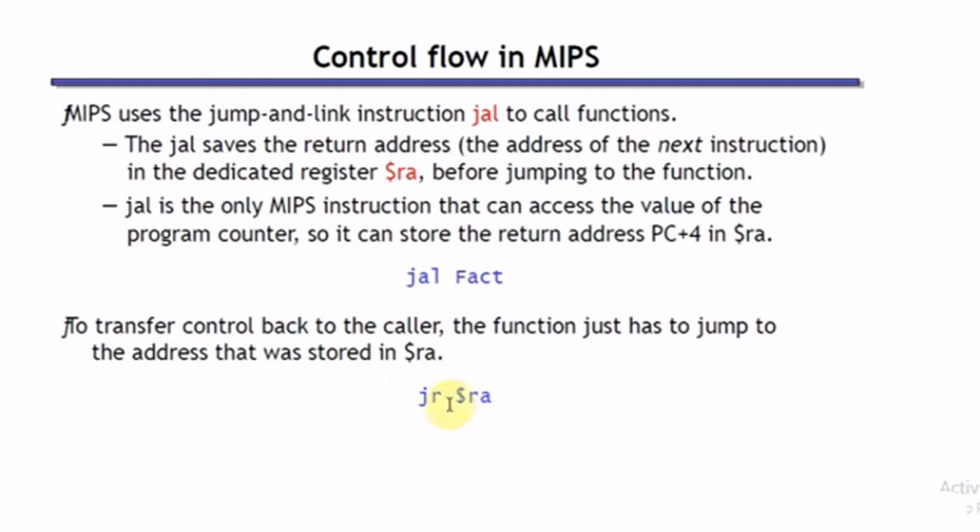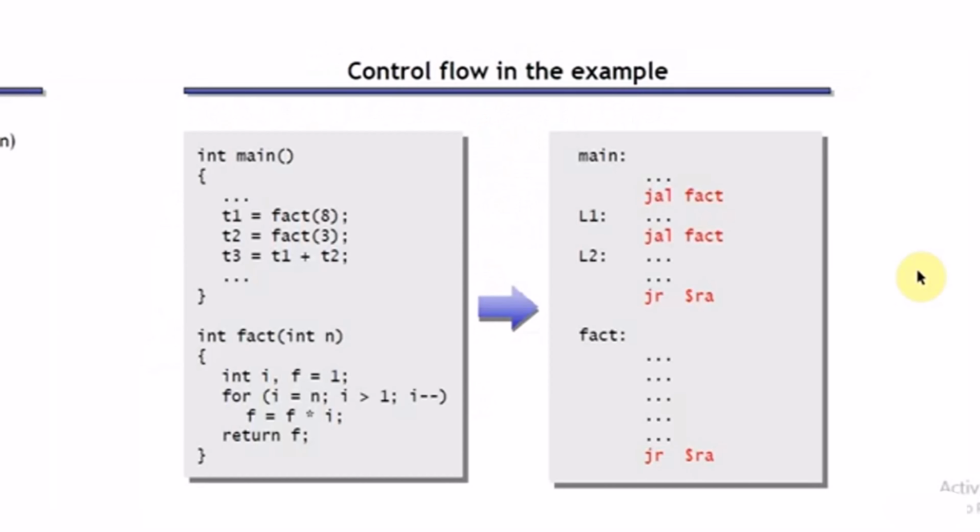So here we say jump register $ra, where inside the $ra, the return address register, we stored the return address. So when we say jump register $ra, it means return to the next instruction after jump and link. Let's see how we can translate this code into MIPS assembly language.